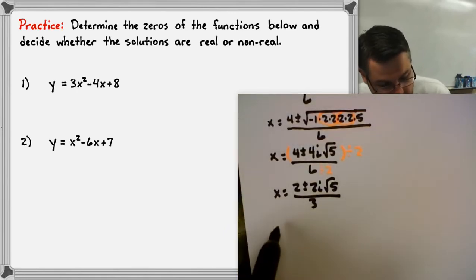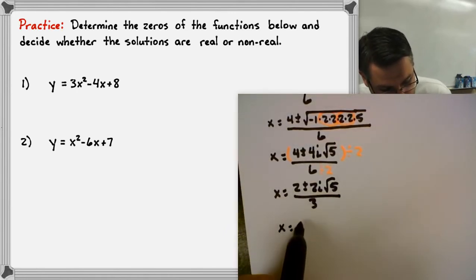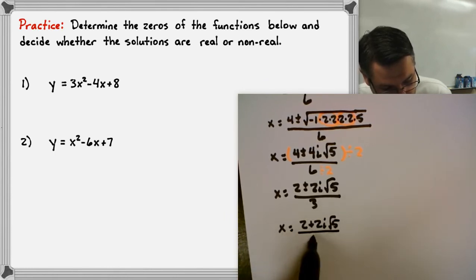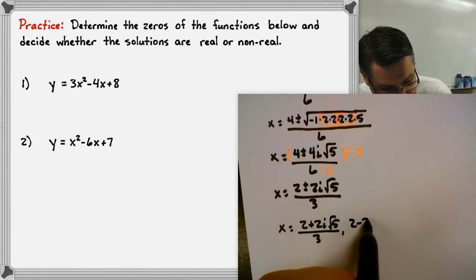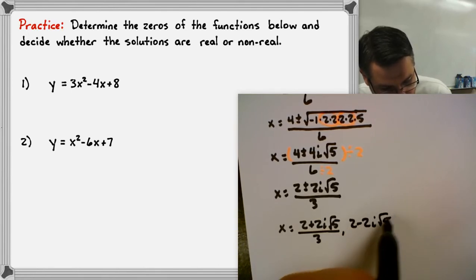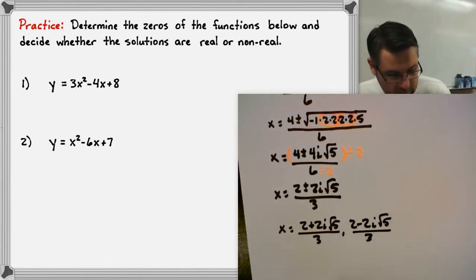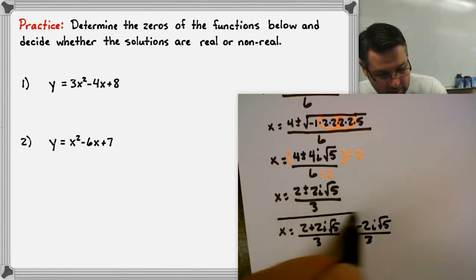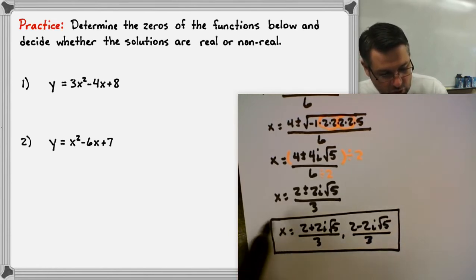And so we would separate those answers to say x equals 2 plus 2i radical 5 over 3 and 2 minus 2i radical 5 over 3. And so we can see again that we have two complex solutions.